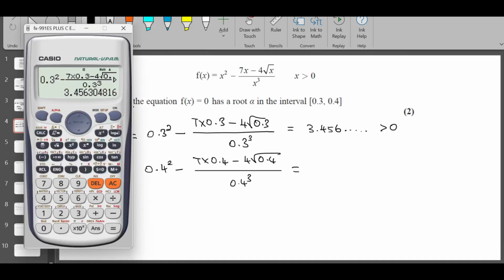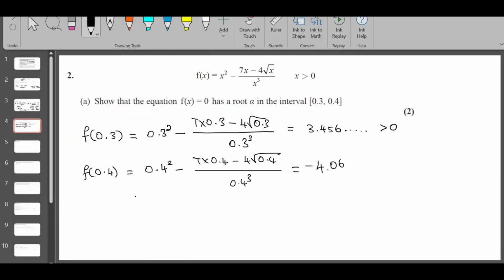I'm going to change 0.3 to 0.4 now. 0.4 squared minus 7 times 0.4 minus 4 square root of 0.4 divided by 0.4 to the power 3, which is a negative number, negative 4.0615 and so on.